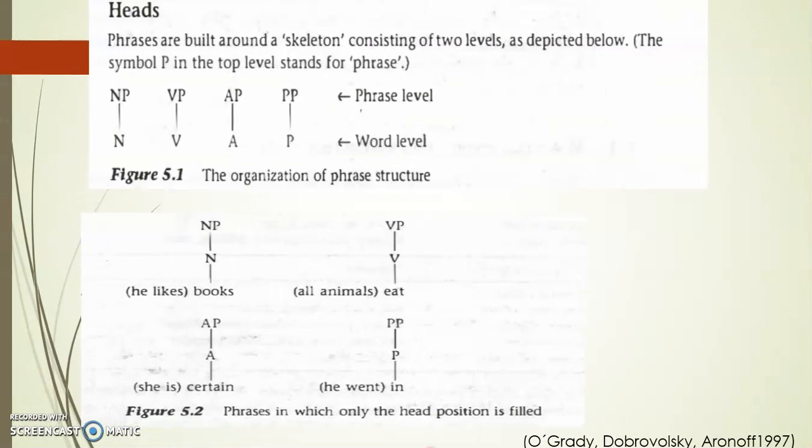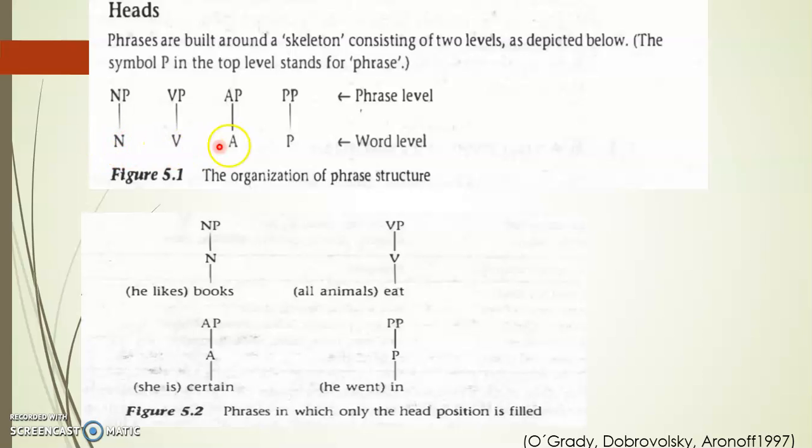Have a look at the head. Coming back to this notion, phrases are built around a skeleton consisting of two levels, as depicted below. The symbol P in the top level stands for phrase.